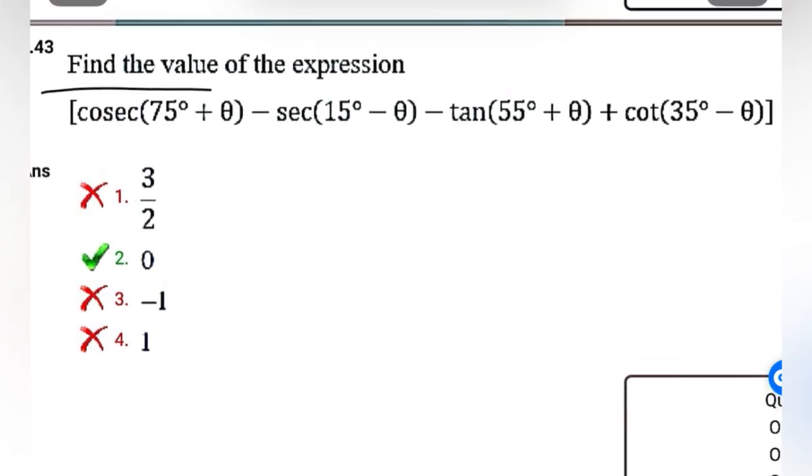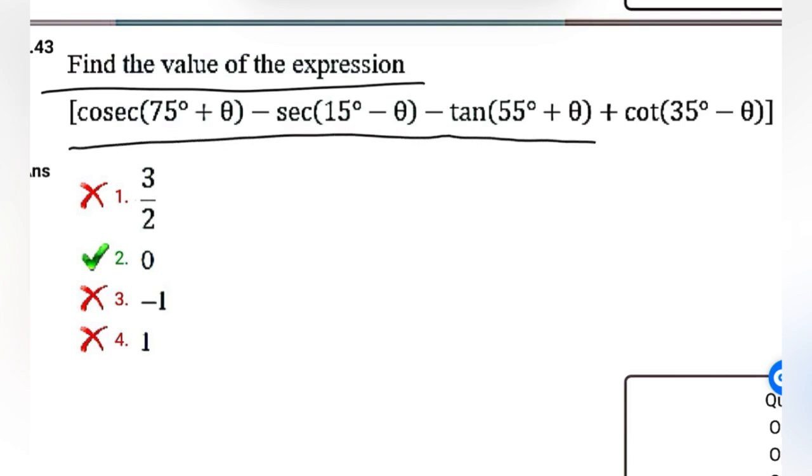Find the value of the expression cosecant 75 degrees plus theta minus secant 15 degrees minus theta minus tan 55 degrees plus theta plus cot 35 degrees minus theta. Let's simplify this expression.